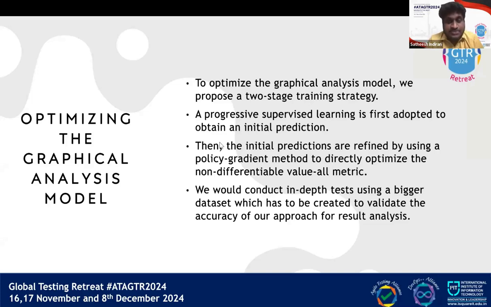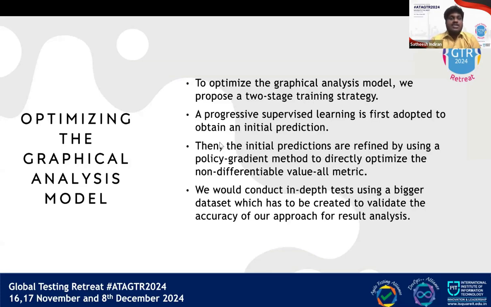The first strategy which we followed is progressive supervised learning, where we give new data to the model, it is trained again, and after that we see the accuracy of the test. This is one of the commonly used optimizing methods. Another way of optimizing is the policy gradient method, where it gets the data, analyzes it, stores the particular important values, and passes them to the model, which gets trained.